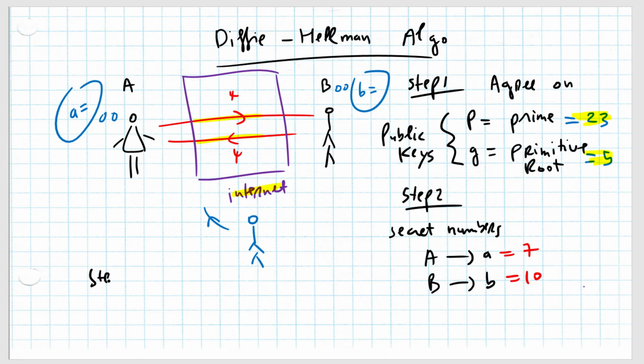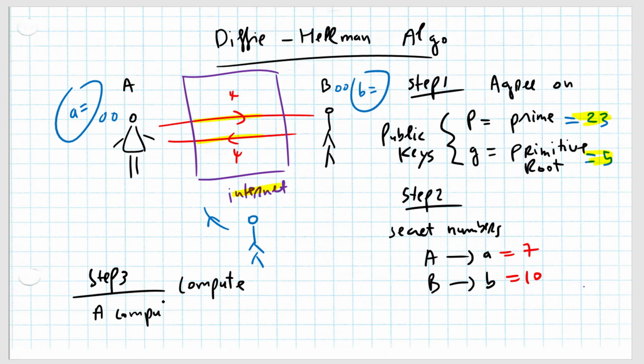And then step 3, we have to compute. So this is what A has to compute. Each party has to compute a number.